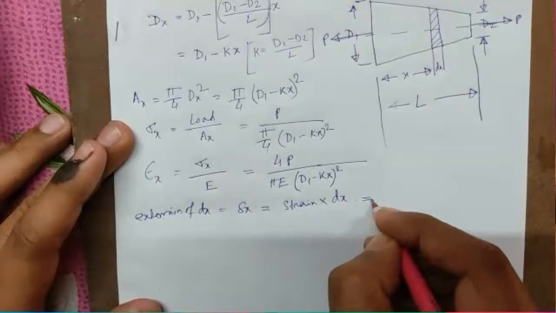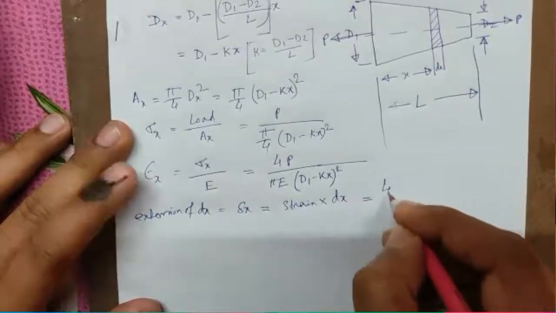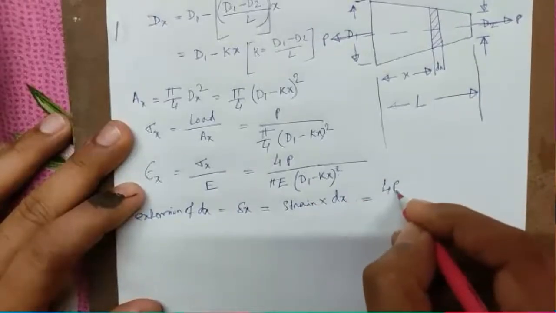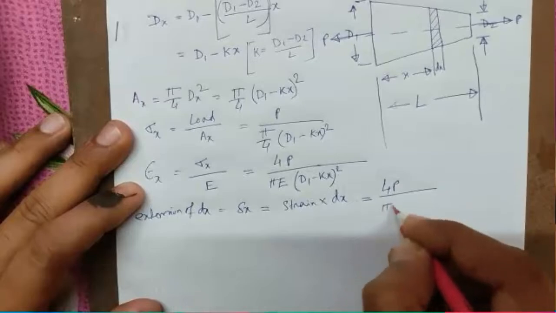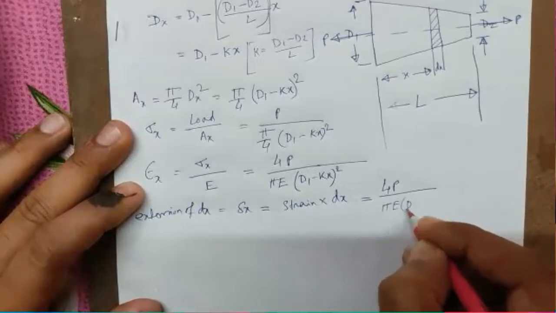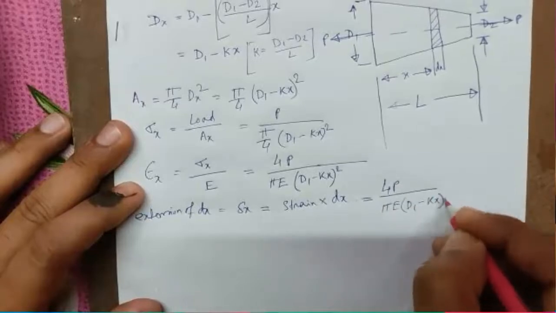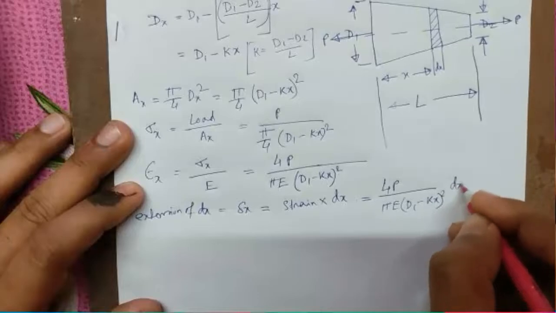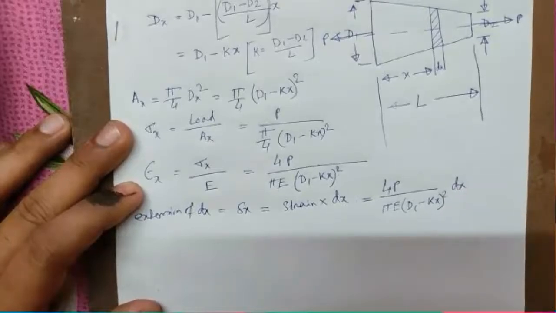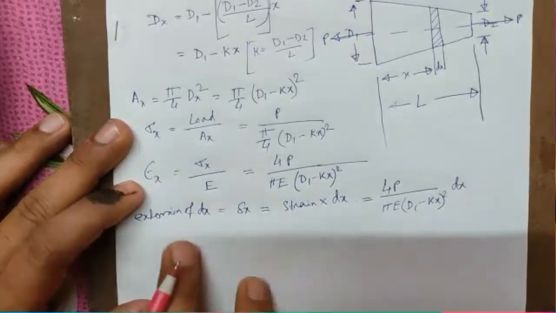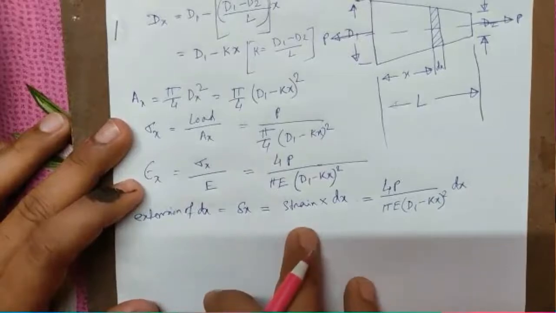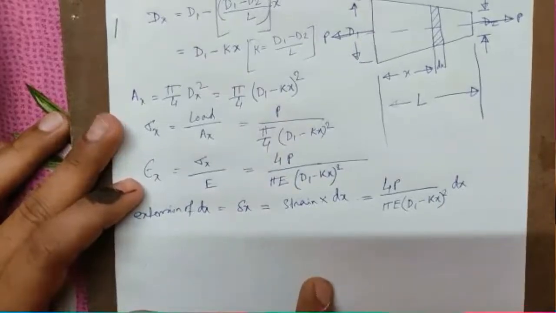So it can be written as the value of strain we have just found out, 4P divided by pi E d1 minus kx whole square into dx. Okay, so this is the elongation of the thickness dx only.